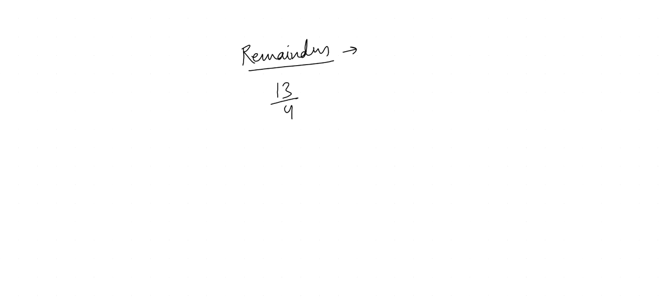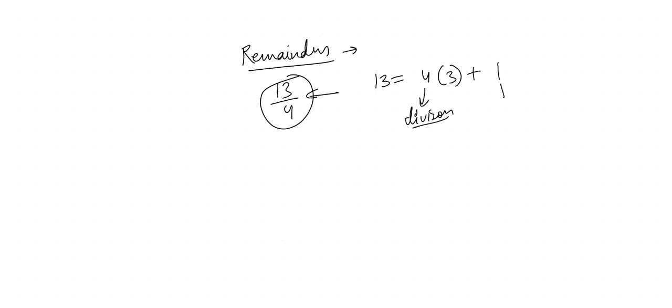Obviously 13 is not a multiple of 4. There'll be some remainder. So how do we write 13? 13 is equal to 4 into 3 plus 1. So 4 is the divisor and 1 is the remainder.